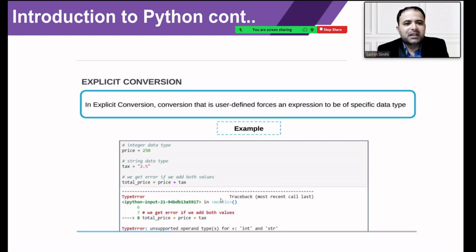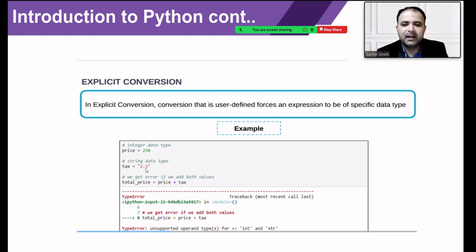Now the explicit conversion. The explicit conversion is where a user defines and forces an expression to be a specific data type. So the user wants to force the data type. Now the price is 250 and the tax is 2.5. So the 2.5 is not numeric. Why?